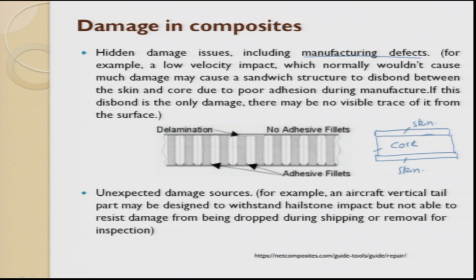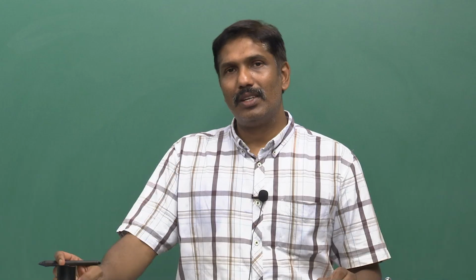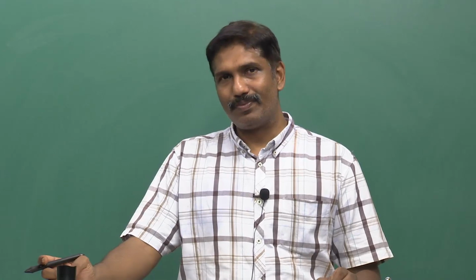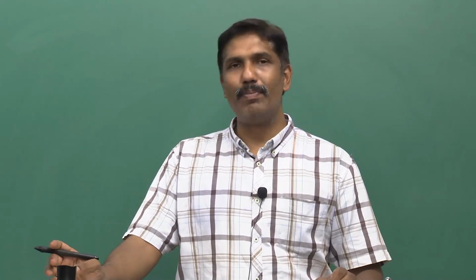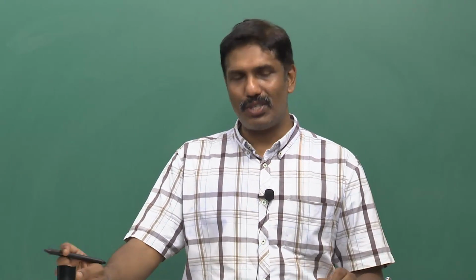See, unexpected damage sources: for example, an aircraft vertical tail part may be designed to withstand hailstone impact, but not be able to resist damage from being dropped during shipping or removal for inspection. Unexpected damages are, for example, dropping a spanner on top of a surface. This is an impact which happens on the surface of a composite.